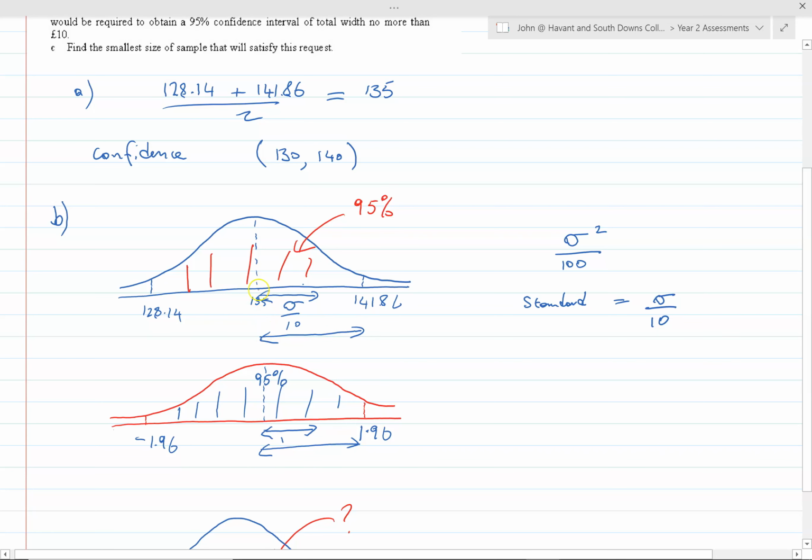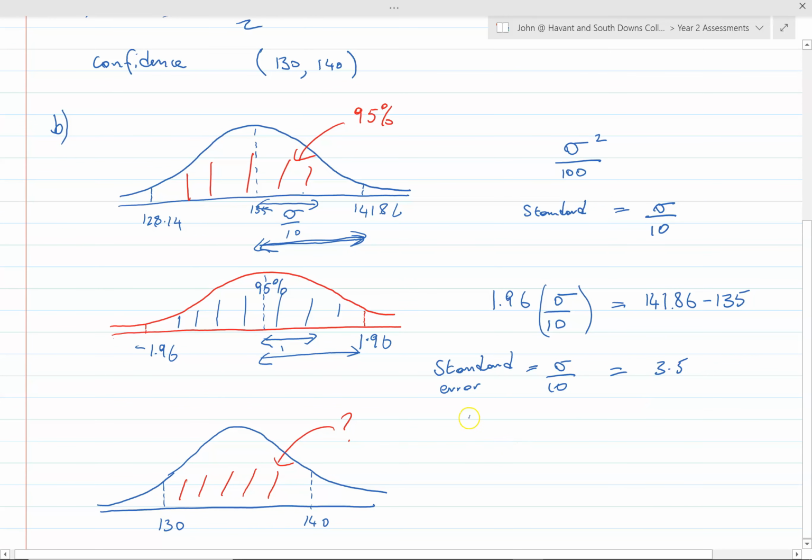So therefore the length of this interval from here to here must be 1.96 times the standard error. So that gives us 1.96 times sigma over 10, that's the standard error, is equal to whatever the length of that interval is, which is 141.86 minus 135. That gives us a standard error, the standard deviation of the sampling distribution, which is sigma over 10 of the original distribution, is equal to 3.5.